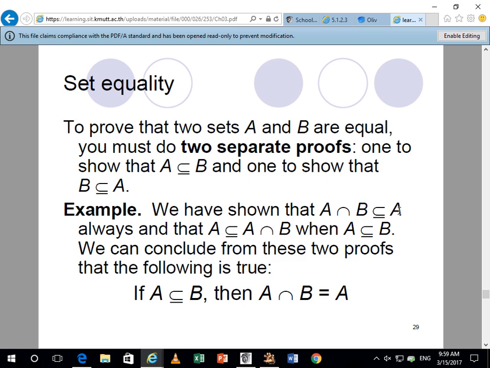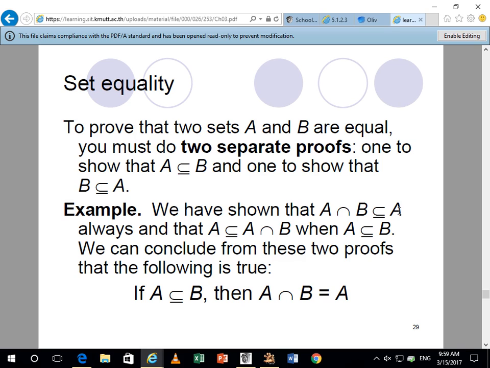From what we just learned about equality, since we have A intersect B is a subset of A, and then A is a subset of A intersect B, that means necessarily that these two sets are equal, if this condition is true.